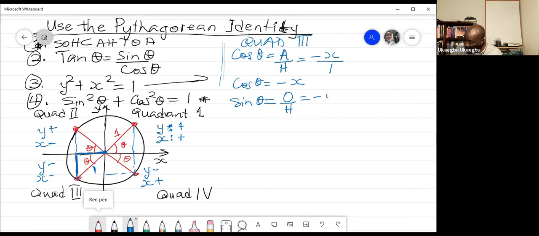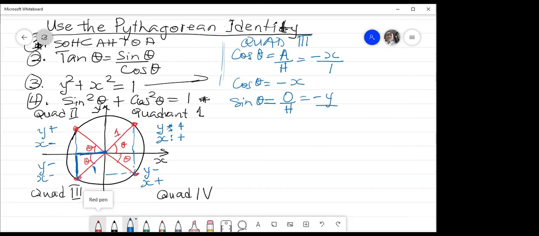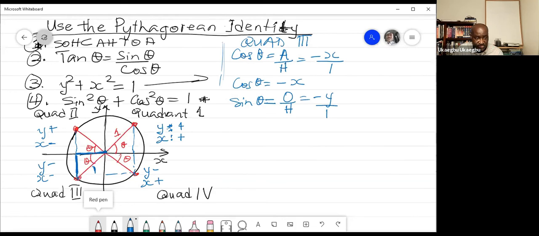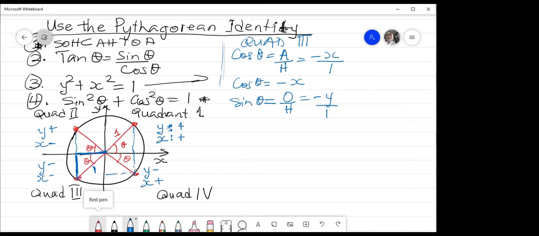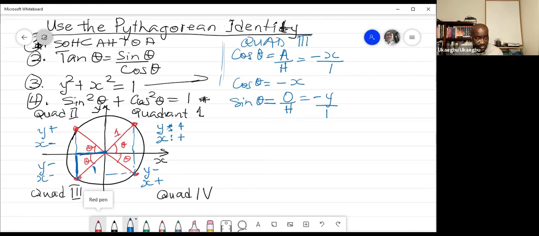So you have negative y, and then the hypotenuse is 1. Sine is opposite over hypotenuse. Hypotenuse is always 1 in the unit circle. It is the longest side. So the opposite is definitely negative y.